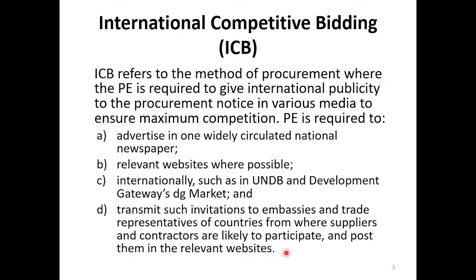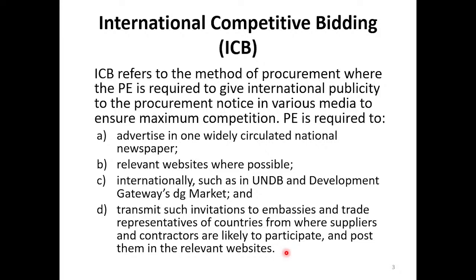In addition, they can send the invitation for bid to the embassies' websites. The embassies will put the notice on their notice board, and it can be circulated among potential suppliers.